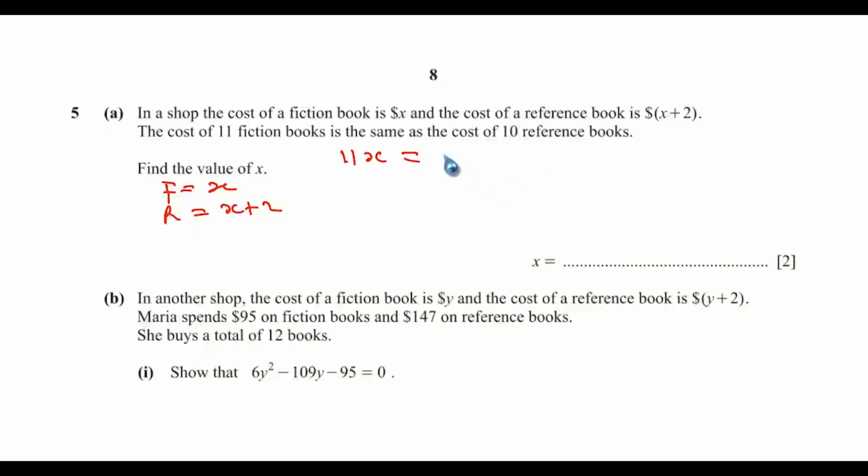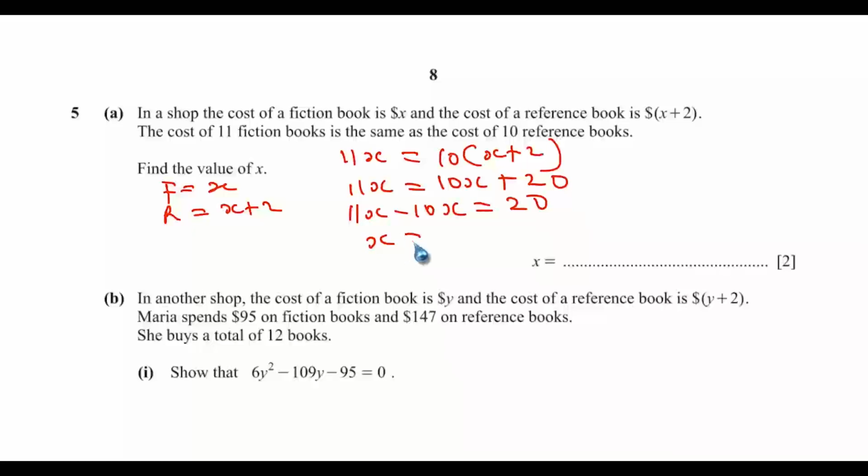So that will be 10 into X plus 2. So let's expand the bracket. You have 11X to be equals to 10X plus 20. So if you collect like terms, 11X subtract 10X equals to 20. X equals to 20. So the value of X is equals to $20.